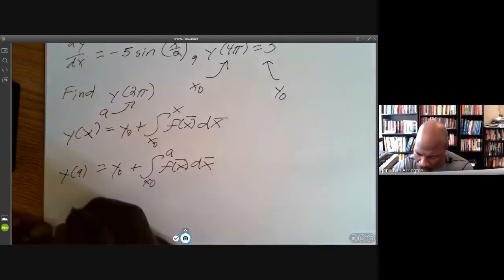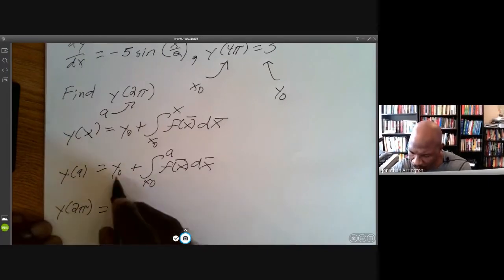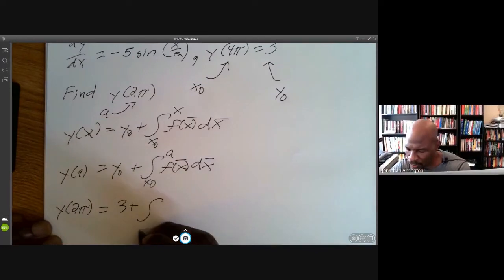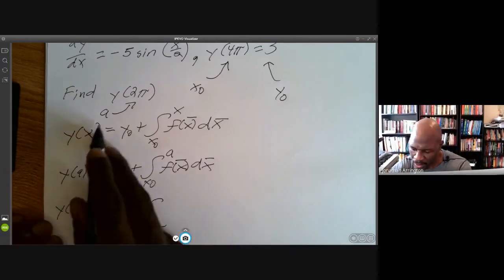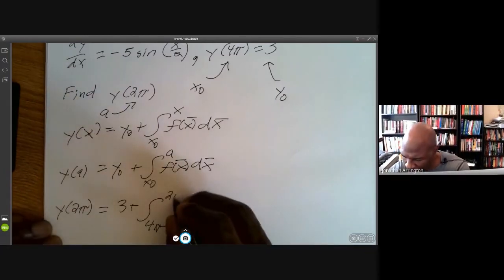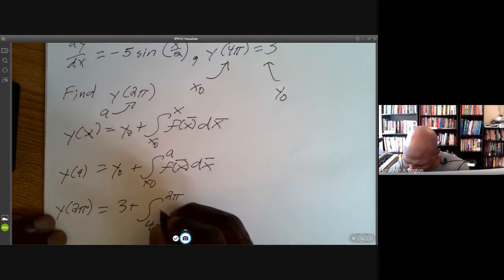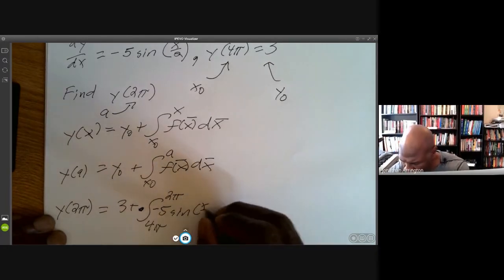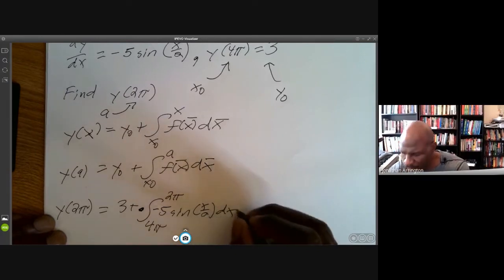According to our formula, y of 2 pi is y naught, which is 3, plus the integral from x naught, which is 4 pi, to a, which is 2 pi, of f of x, which is negative 5 sine x over 2 dx.